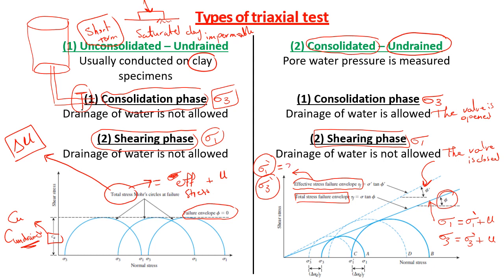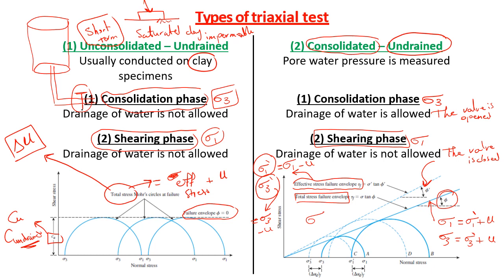So sigma 1 prime is equal to sigma 1 minus u, sigma 3 prime is equal to sigma 3 minus u, and after that you can draw your Mohr circles in terms of sigma 3 prime and sigma 1 prime and draw your tangent. Then this is the failure envelope in terms of effective stresses, and therefore you can get your phi dash.